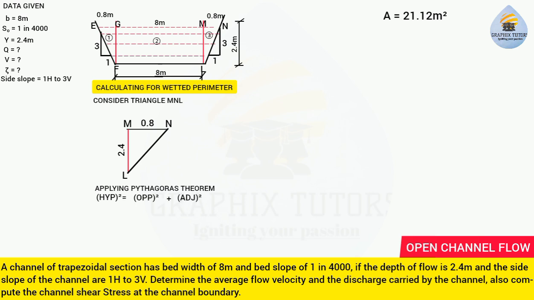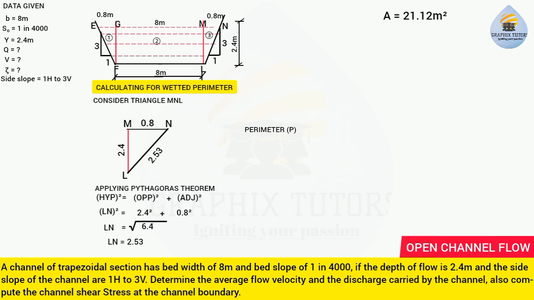So LN squared equals 2.4 squared plus 0.8 squared. LN is the square root of 5.76 plus 0.64, which is 6.4. So LN will give us 2.53 altogether.